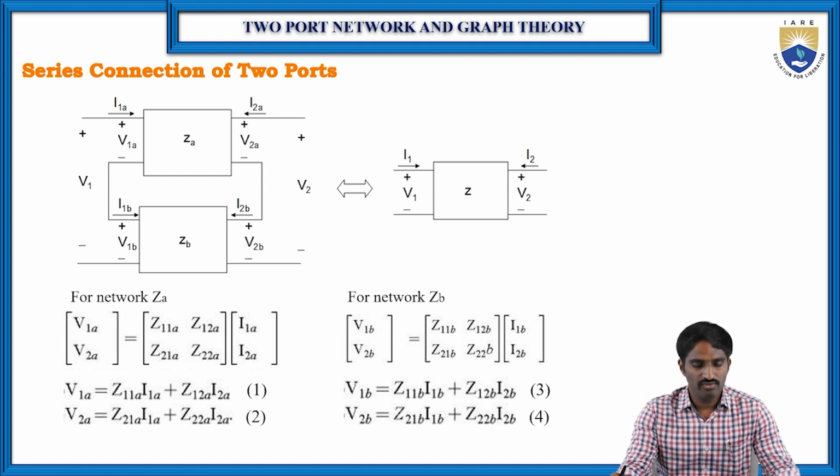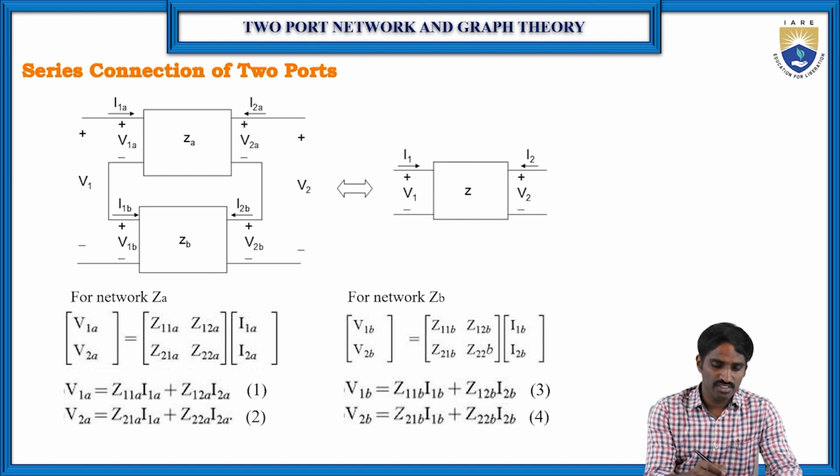Here, the best suitable parameters to make the series connection of these two-port networks are the impedance parameters, which are the Z parameters. That's why we consider the Z parameters only.